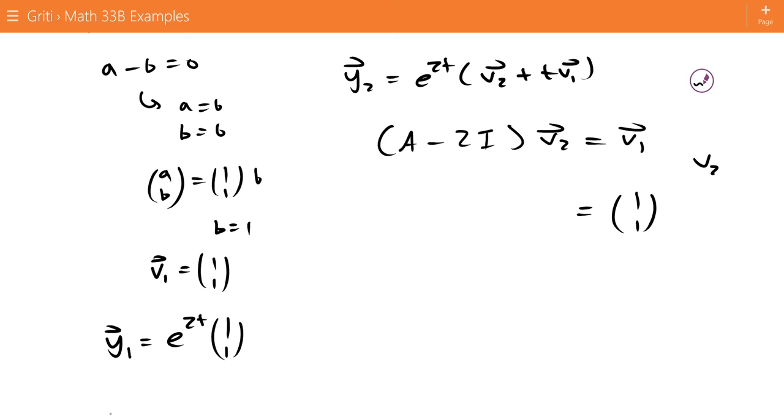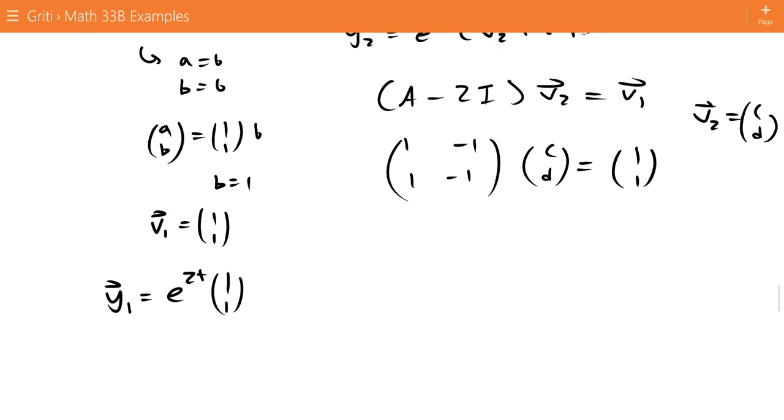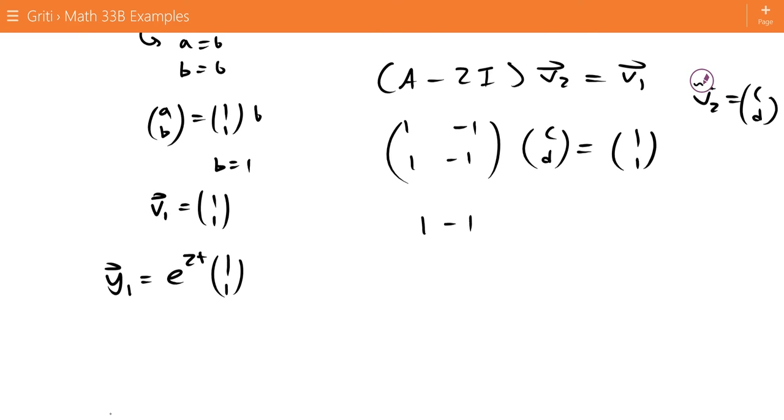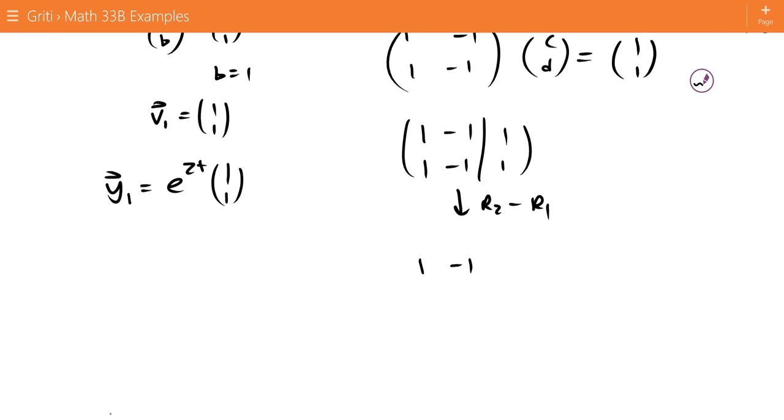If we say v2 has components (c, d), we can write this as (c, d). And we know this matrix A minus 2I is [1, 1; -1, -1]. So we can write this as an augmented matrix with 1, 1, and then 1, -1 on the right. If we add r1 to r2, then we get 1, 1, 1 on top and 0, 0, 0 on the bottom.